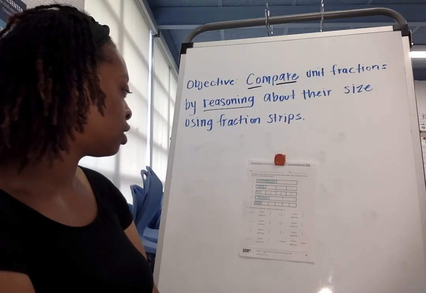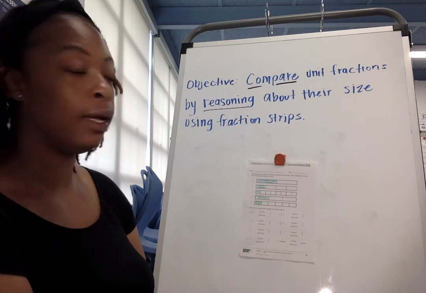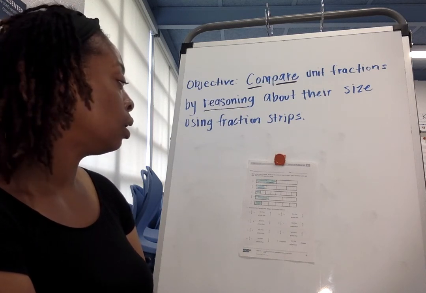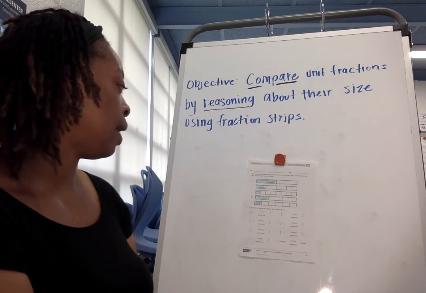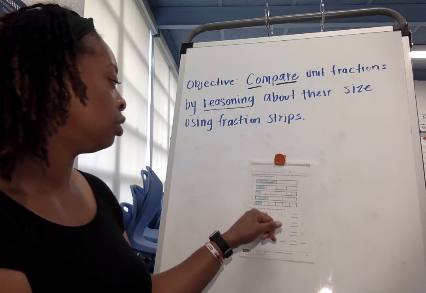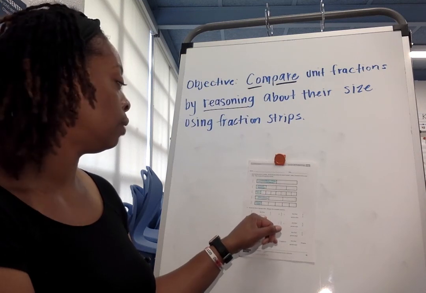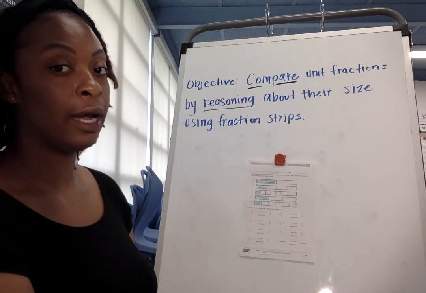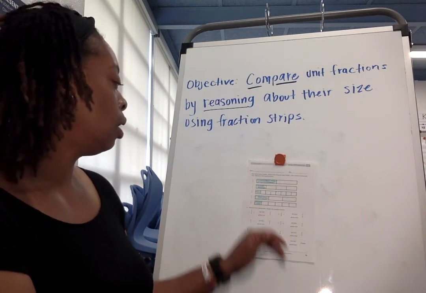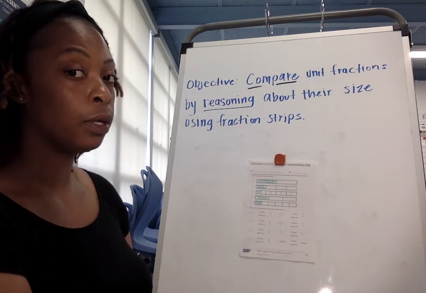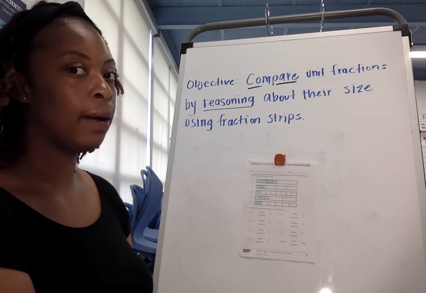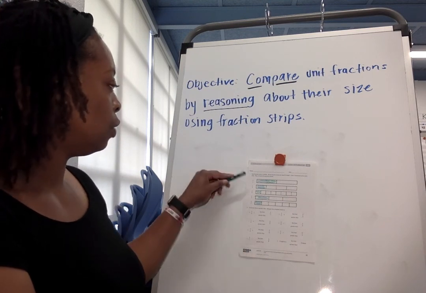Number 2 says circle less than or greater than. Whisper the complete sentence. So here we have 1/2 is, you're either going to circle less than or greater than 1/4. You're not using your alligator mouth yet. 1/2 is less than or greater than 1/4. Well, let's look at our picture at the top. Here I see 1/2.